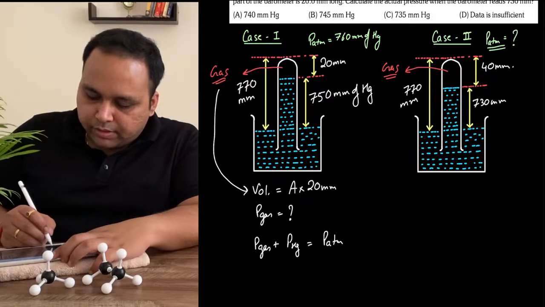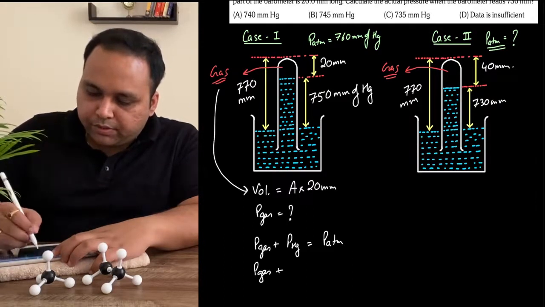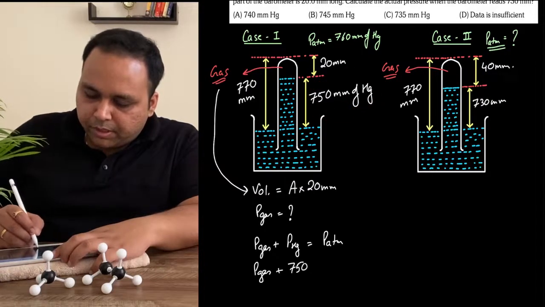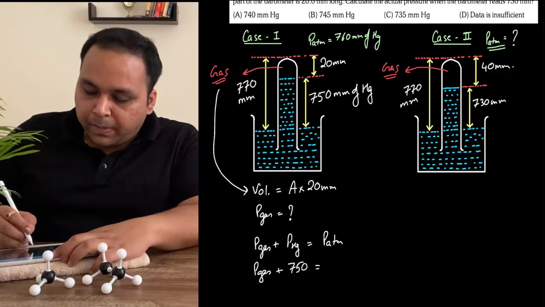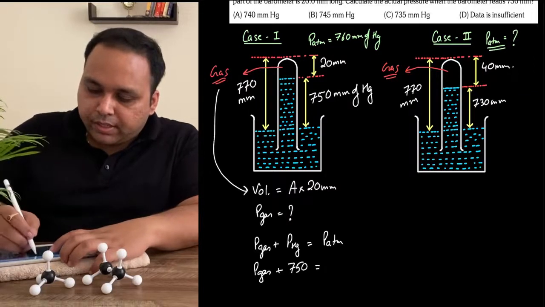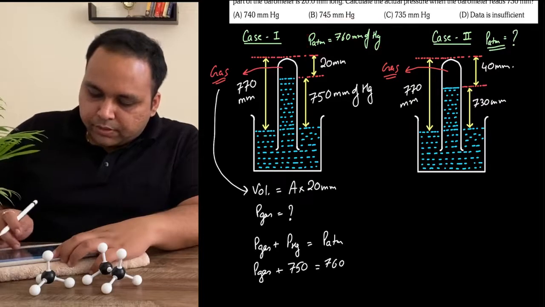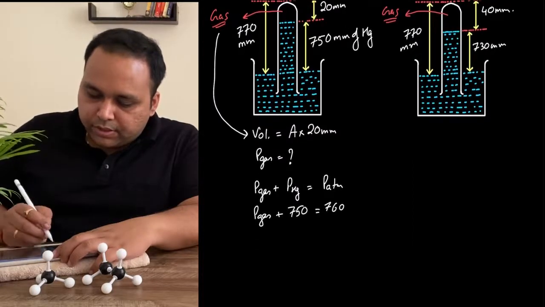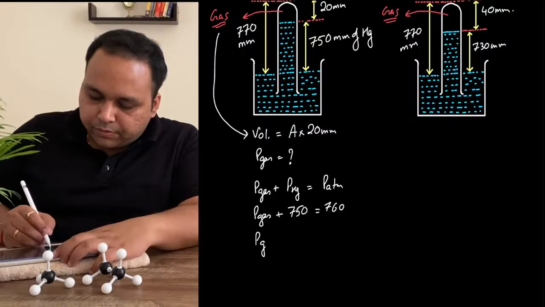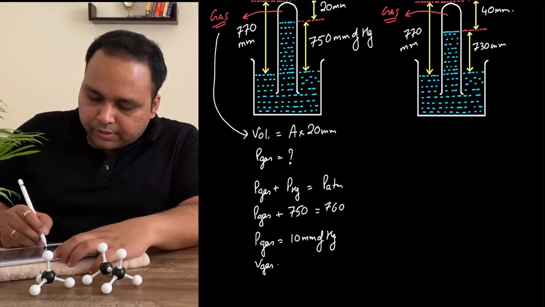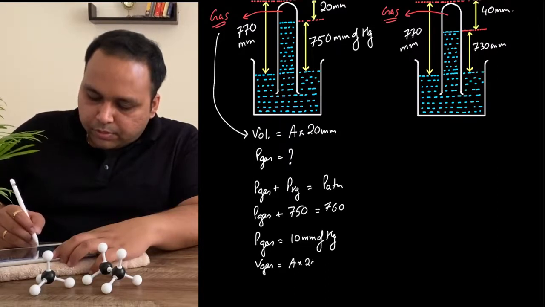Pressure of gas here we don't know, that is to be found out, plus pressure of mercury is due to 750 millimeters of Hg. So we write it as 750. I'm not writing the units. And atmospheric pressure is given as 760. So in our first case, what we achieve is the pressure of gas is 10 mm of Hg. Volume of gas is area into 20.